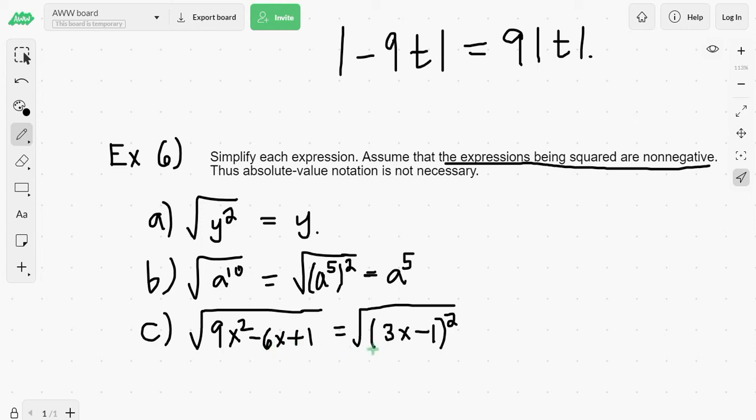So this checks out. It is a perfect square trinomial. And again, because we're assuming that 3x minus 1 is non-negative, we can just simplify this as 3x minus 1. We can just cancel out the square and the square root.